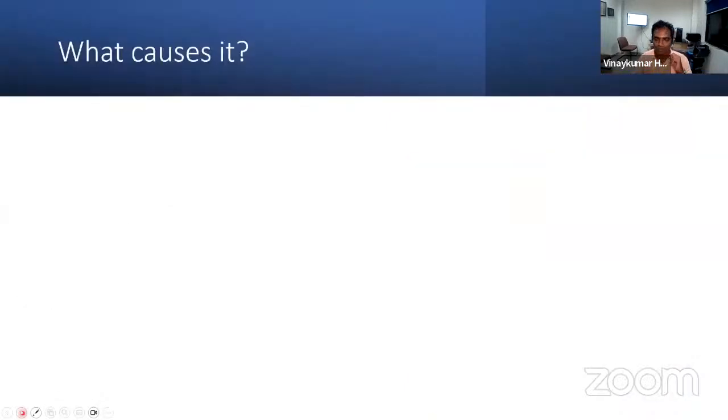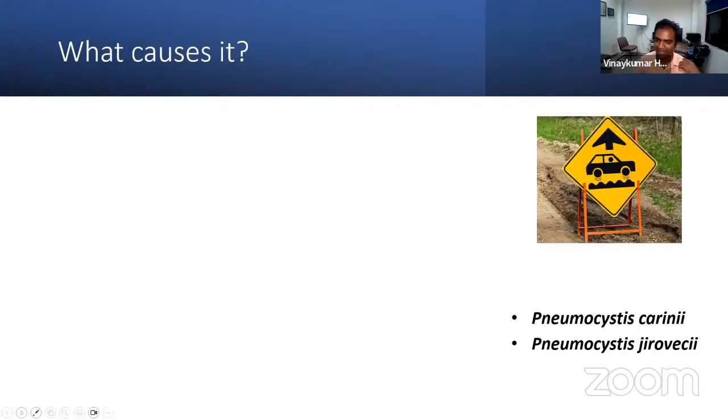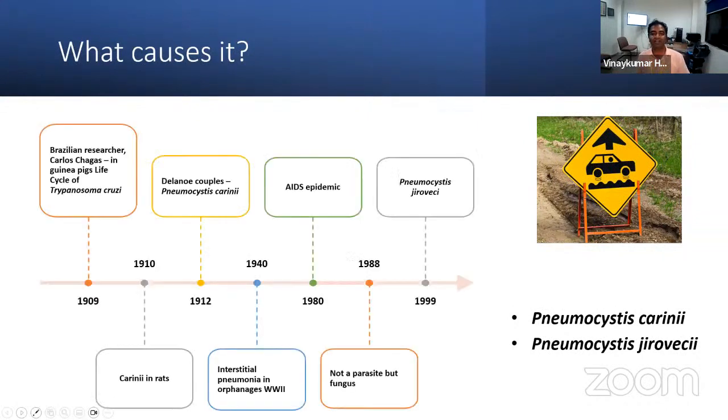So what causes it? It's a bumpy ride whenever you read about the history of pneumocystis carinii. When you go back almost 100 years, it was in 1909 that Carlos Chagas found these organisms in experimental animals and thought that they were a part of the life cycle of Trypanosoma cruzi, and he just left it at that.